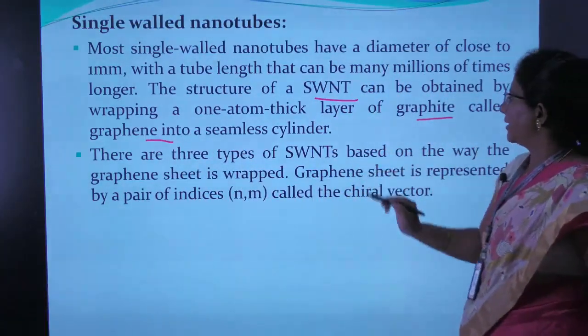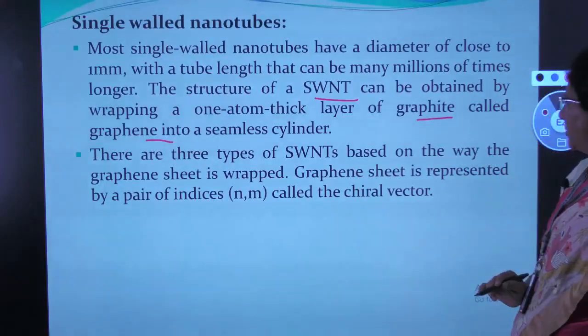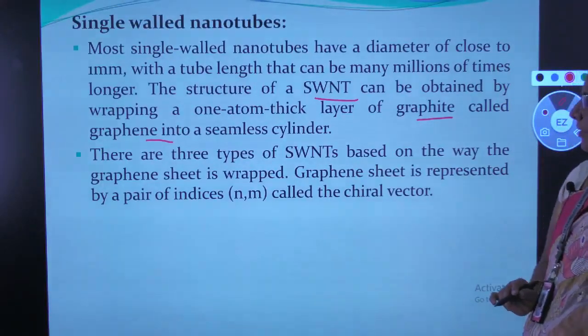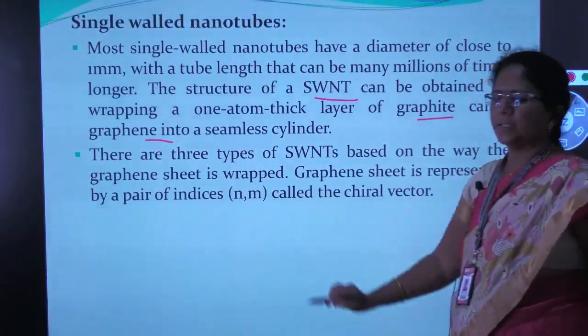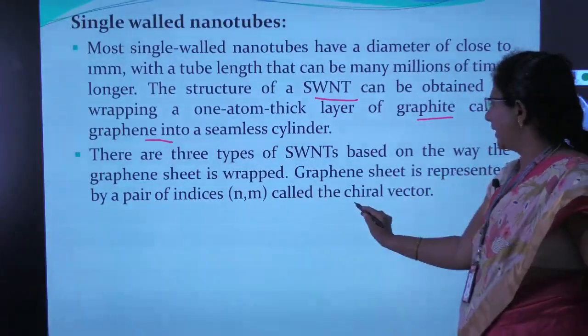And there are 3 types of single walled carbon nanotubes based on the way the graphene sheet is wrapped. So the graphene sheet is represented by a pair of indices (n, m) called chiral vectors.